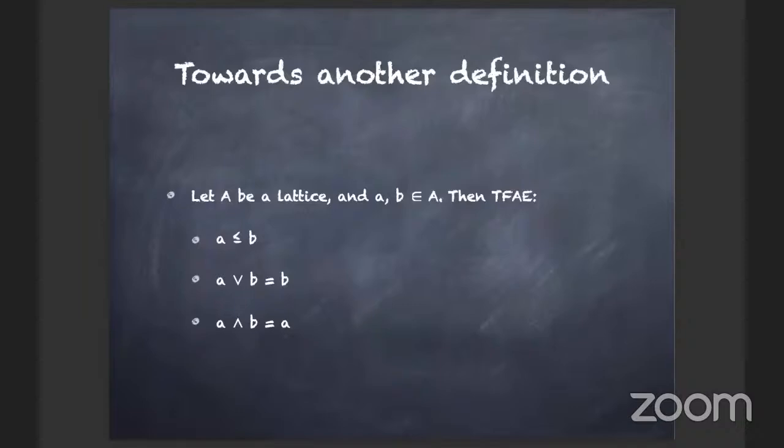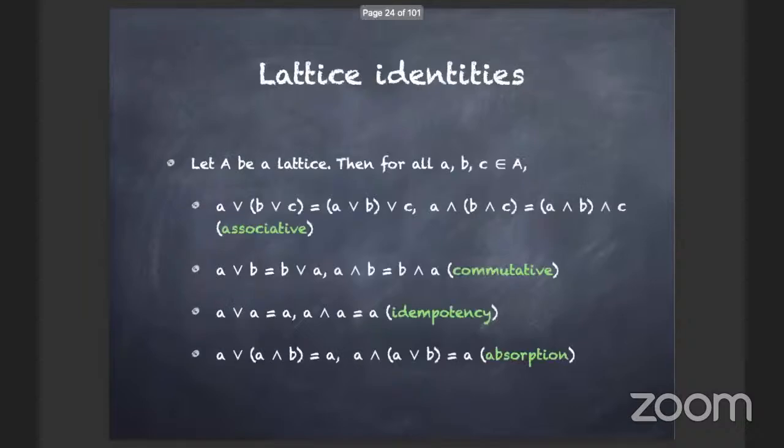Now with this result at hand, let us consider some more identities in a lattice. By the way, please prove all these identities. Most of them follow from the definition itself. For example, let us go from bottom to top. If you consider this absorption law, what does it say?